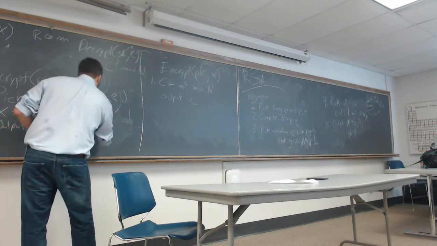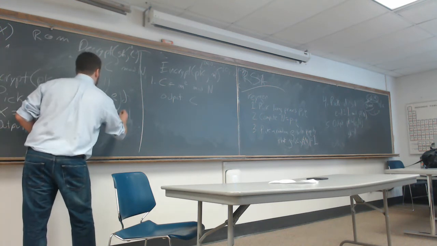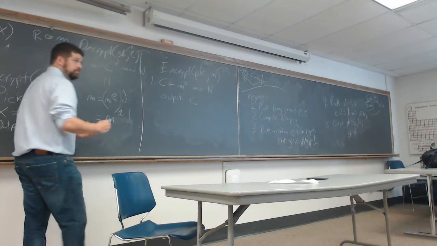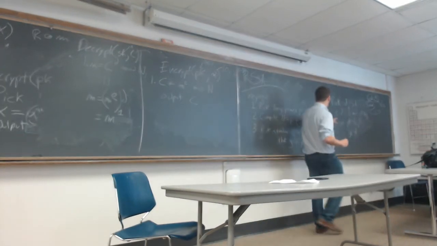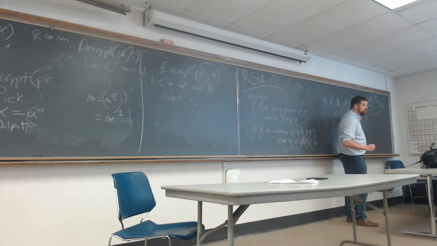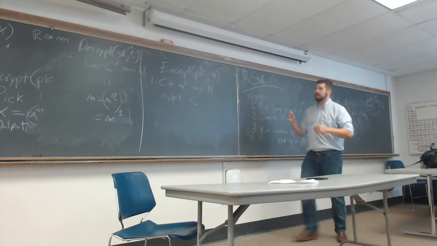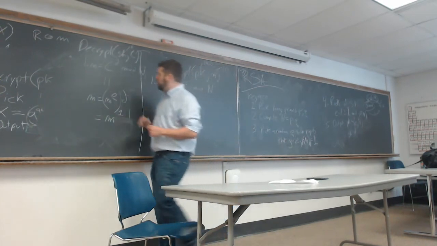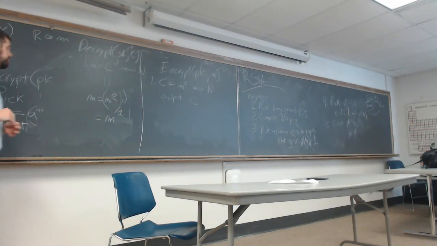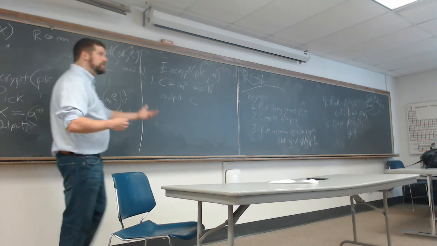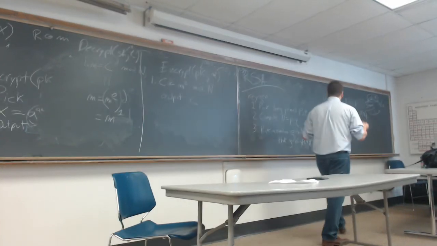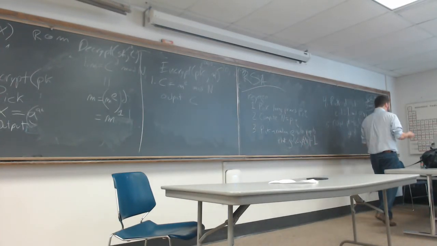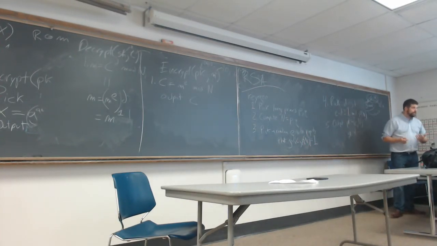And so this reduces to m to the 1 because we made the restriction that e times d mod phi of n is always going to be equal to 1. And because of the property that any kind of multiplication that happens up in the exponent is computed mod phi of n, anytime we raise something to the e and then we raise it to this d value subsequently, we recover the original message. And that is how RSA works.